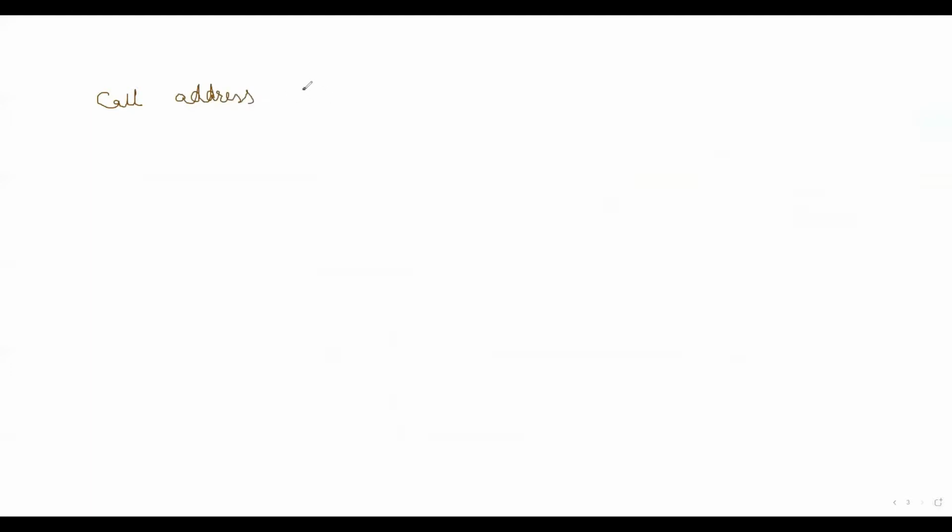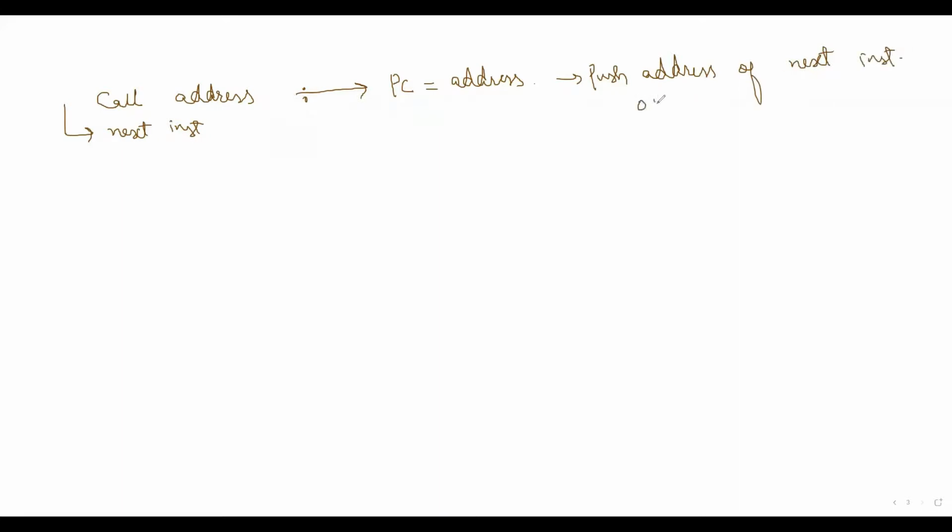Internally, it will put this address in the program counter, and it will push the address of the next instruction onto the stack. So it is doing this internally, the call instruction.